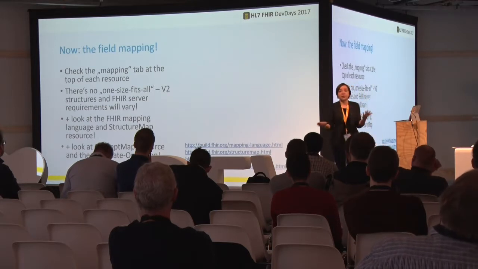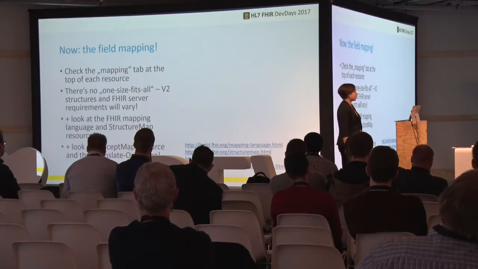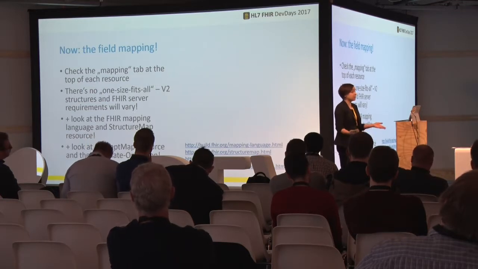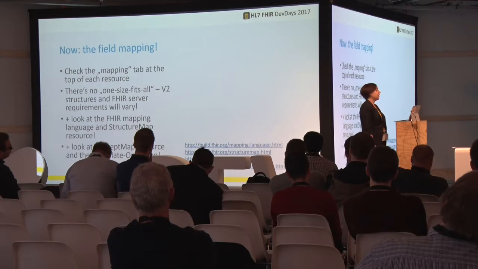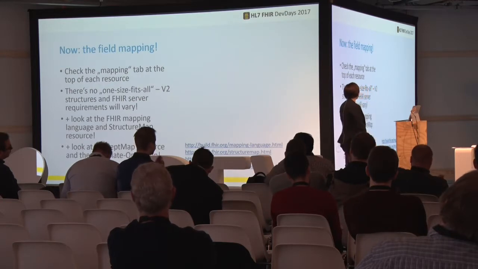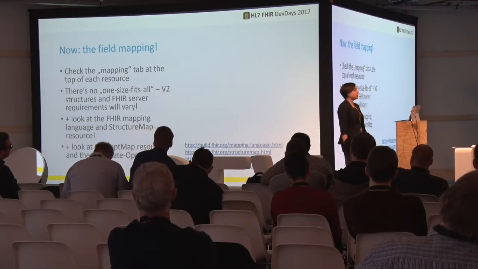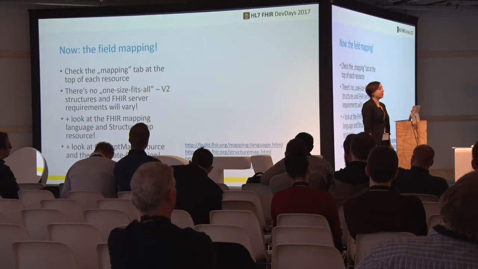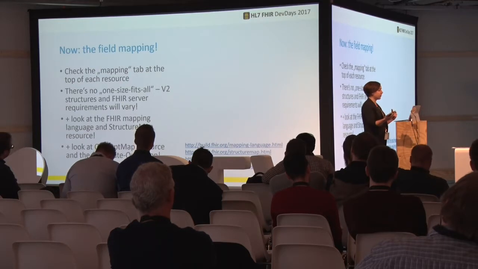Assuming that you have whatever integration engine is at your disposition, you would have to do it depending on how it works in there. But a good start is to look at the mapping tab on each resource, because that always gives you a hint of how these elements from the resource align with version 2 fields.